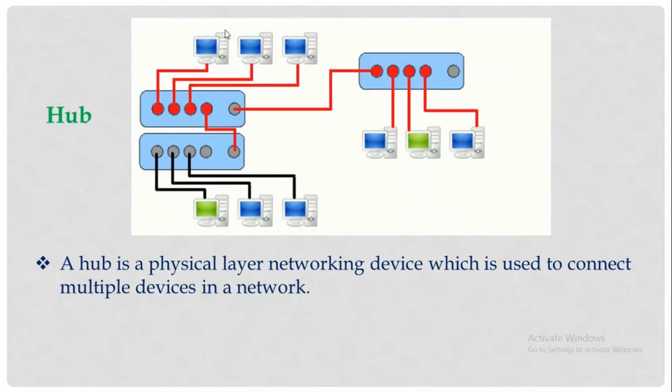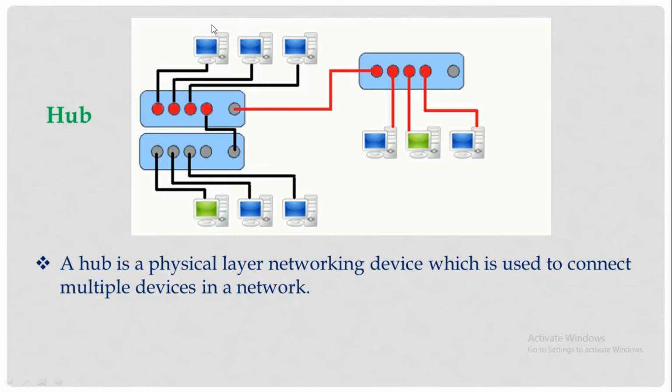You can see an animation on the screen. This blue color part indicates a hub. Here in this example, there are 3 hubs connected with each other, and to each hub 3 systems are connected. These systems are nothing but the end devices.